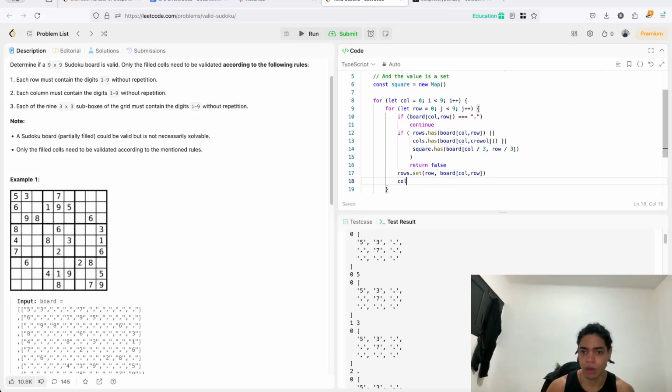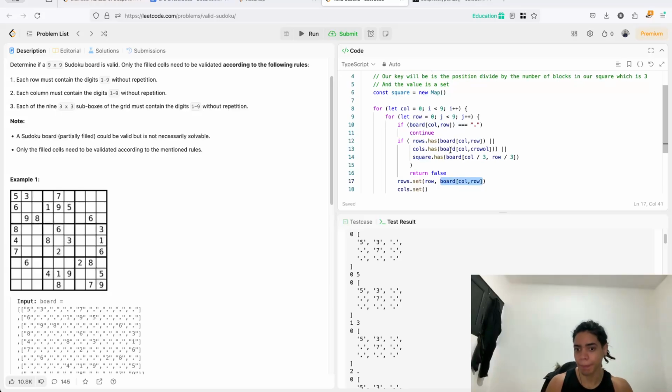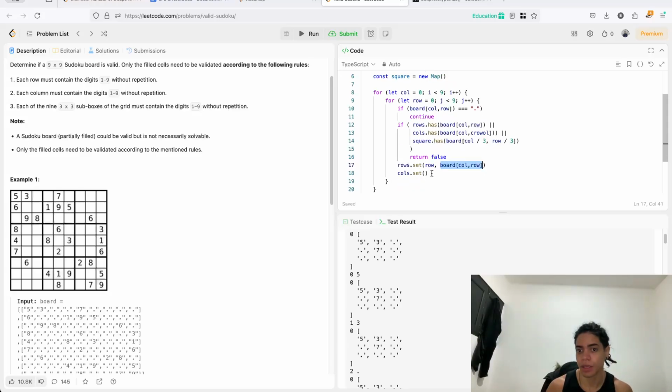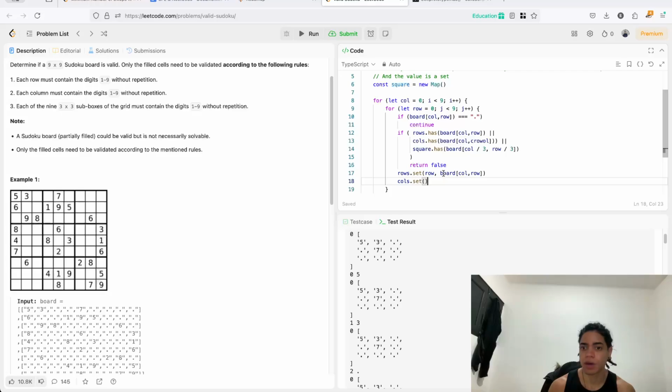Similar to the row map, for the column map, what we're going to store is our values here, like that.